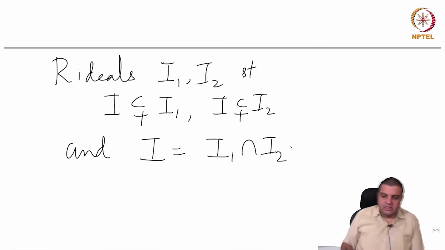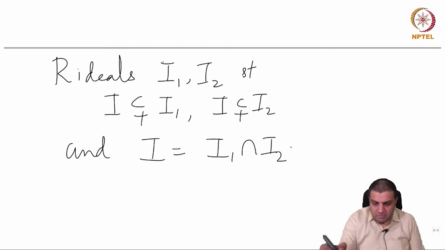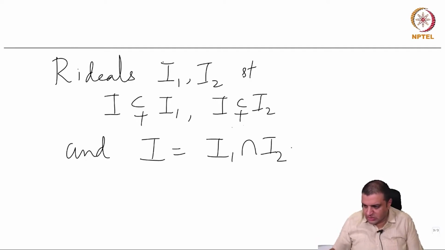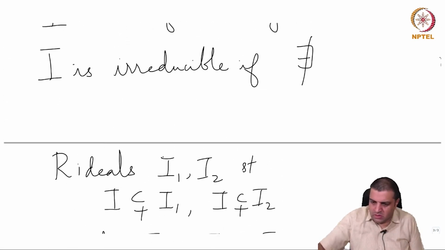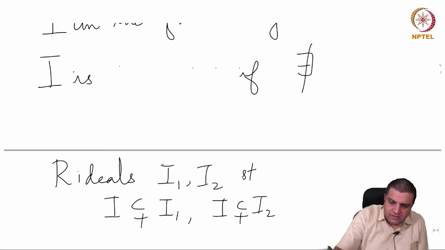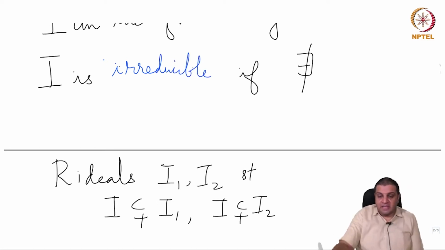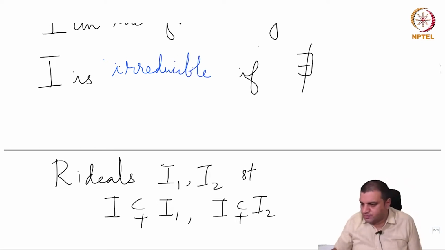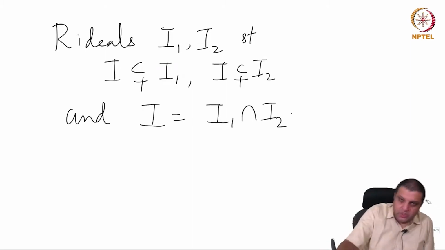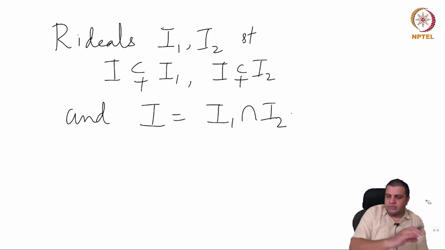So I equals I1 intersect I2 is a non-trivial intersection. And if there is no such decomposition of I, then we say that I is irreducible. Sorry, we are just defining this term. So this is an important notion. It sort of generalizes the notion that we just talked about for spec.